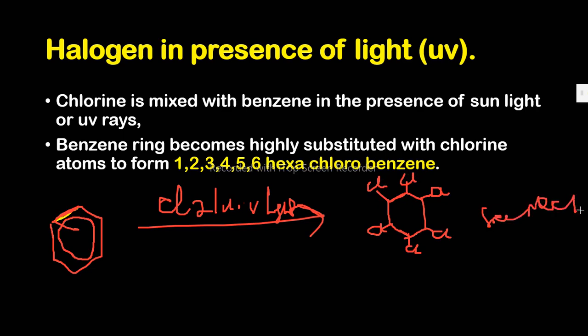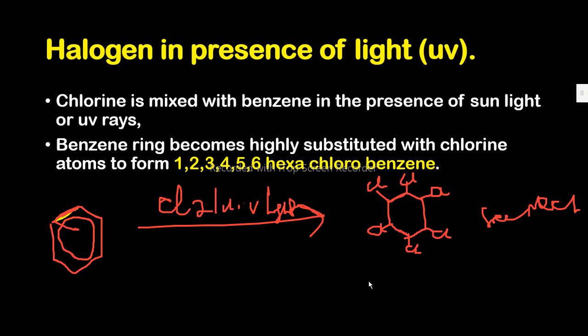And you can do this mechanism if you remember the other reaction. Maybe let's do the mechanism. You never know, but I want to do for all these. I'll just do 1 or 2 and we proceed.